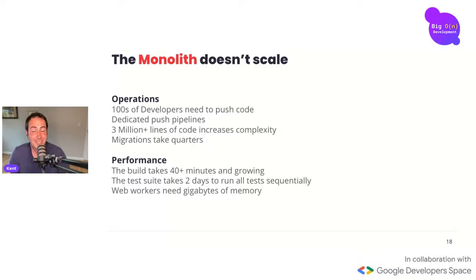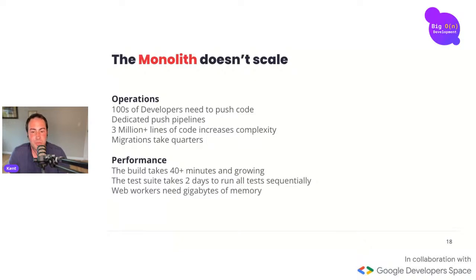Migrations would take quarters. In fact, we had dedicated people focusing on migrations for the monolith. Performance wasn't great. It would take 40 plus minutes to build the monolith.